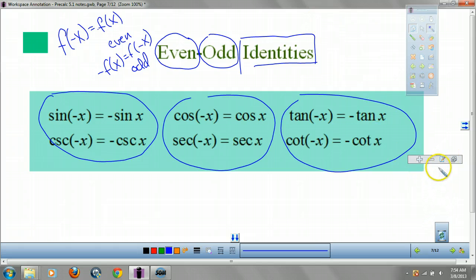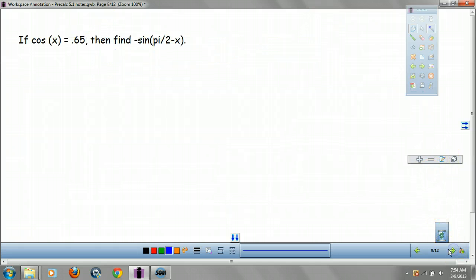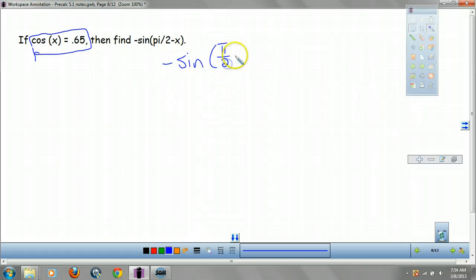You guys want to use them? If cosine of x is 0.65, then find negative sine of pi over 2 minus x. Well, the first thing I'm going to do is ask, what is sine of pi over 2 minus x? What can that be simplified to?